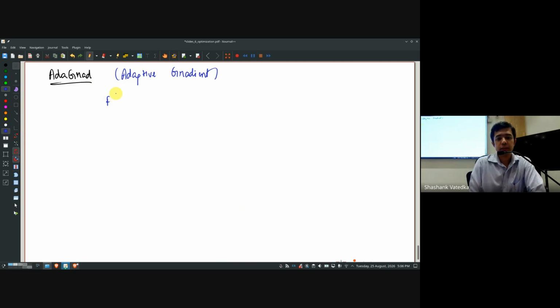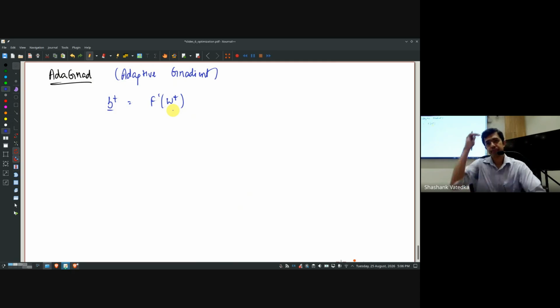Let me use this particular notation: let's say the vector bt is equal to the gradient or stochastic gradient at time t. I'm just using bt to denote this particular quantity. And I'll say that st is essentially the accumulated energy along each of the components up to time t.